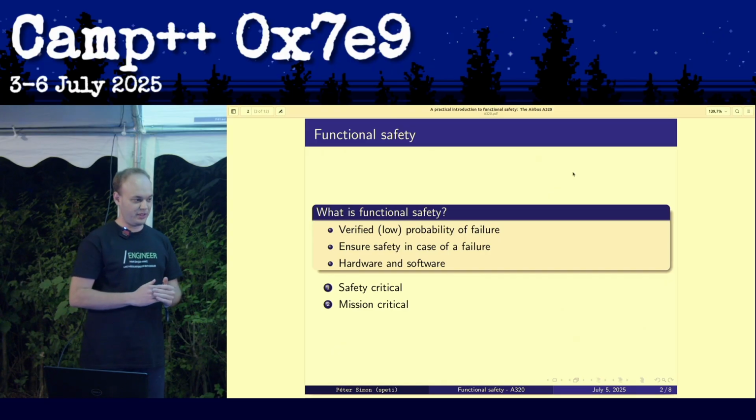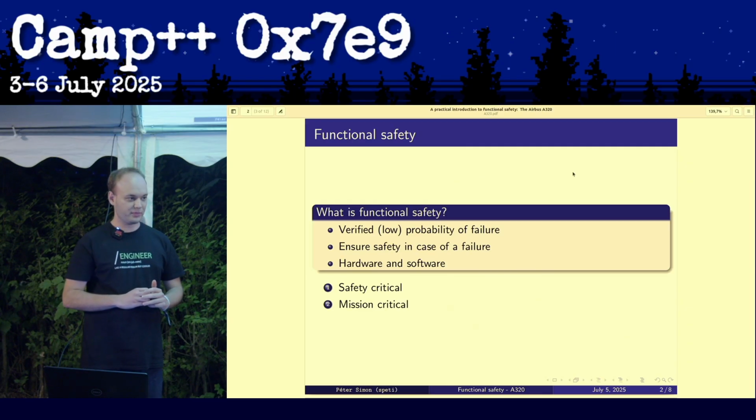The difference between these is that safety critical systems can be designed in a way that they have what's known as a safe state. So they can stop operation in a way that is safe.